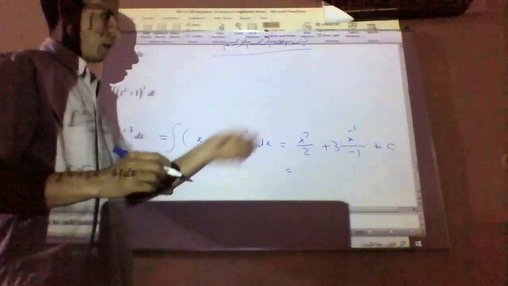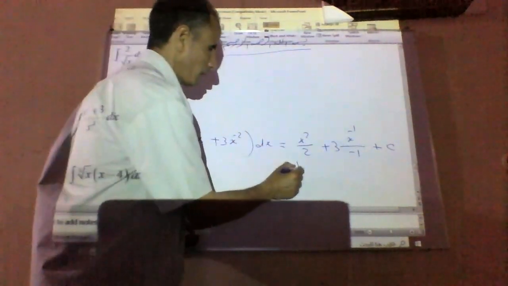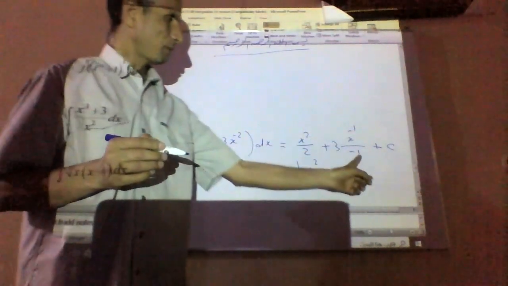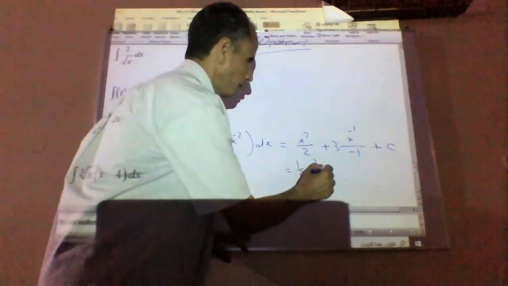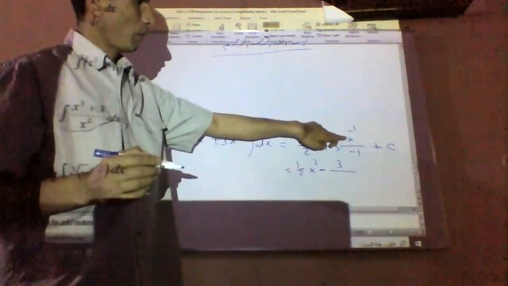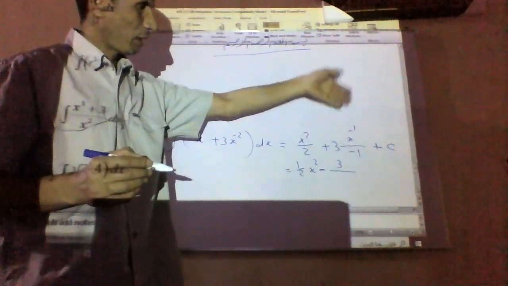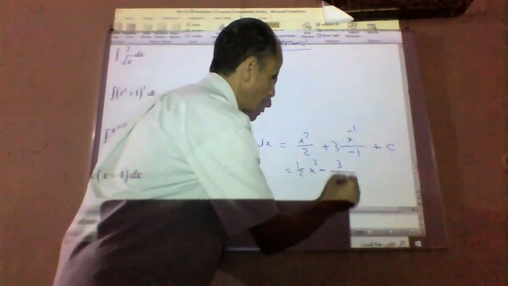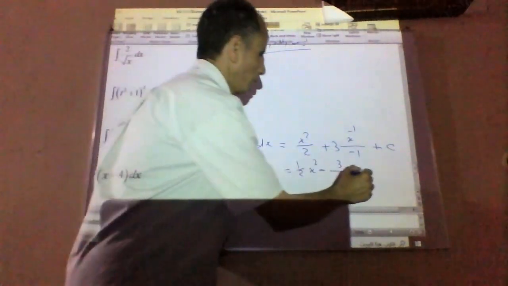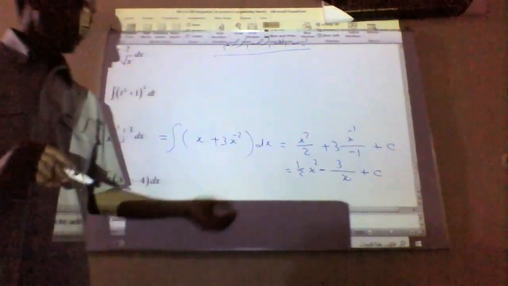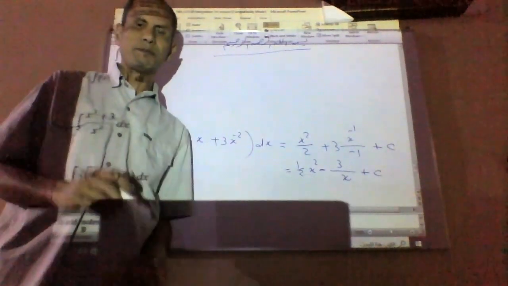Simplifying, x power 2 divided by 2 we can write in the form half x power 2. 3 divided by negative 1 will be negative 3. X power negative 1, we can put it in the denominator as x power 1, plus the constant c. This is the simplest form.